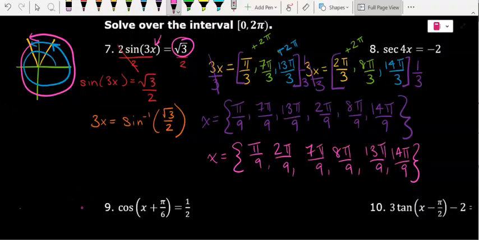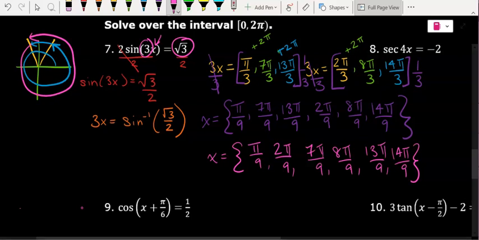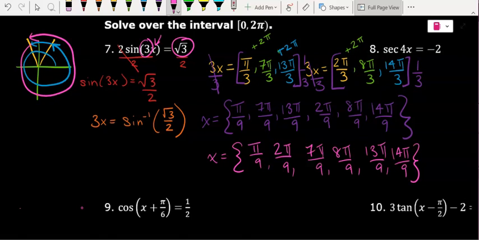So the gist of the rule here is any single time that you have a multiple angle question, so something that is going to change your period in any of these trig functions, you're going to have 2, 3, 4 times as many solutions, whatever the number is. Since this is 3, I have 3 times as many solutions as I would have had originally.